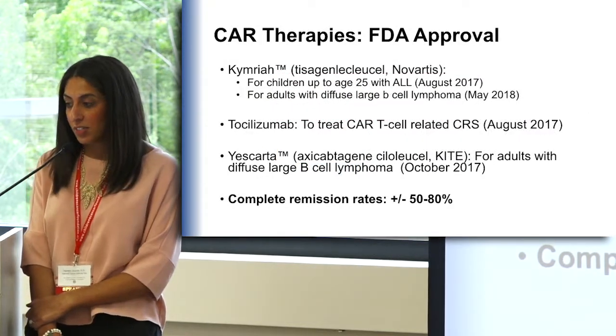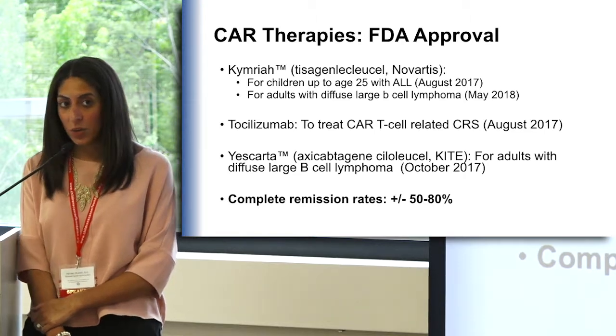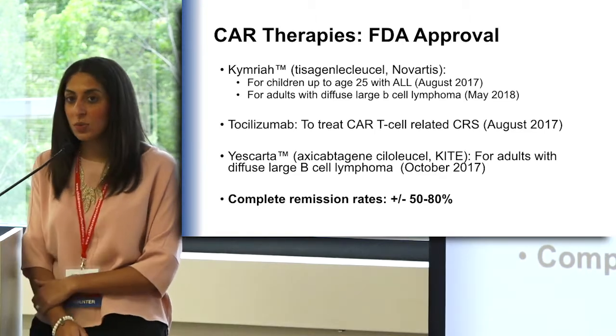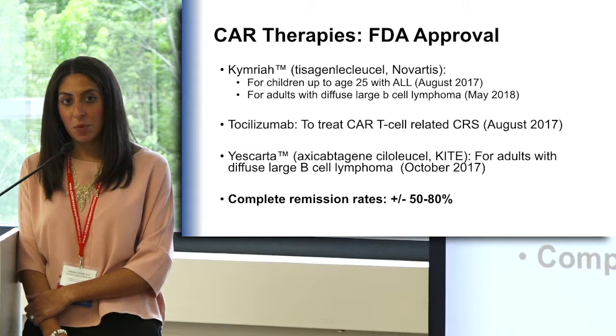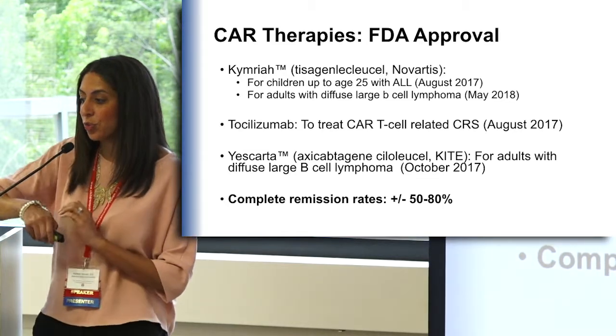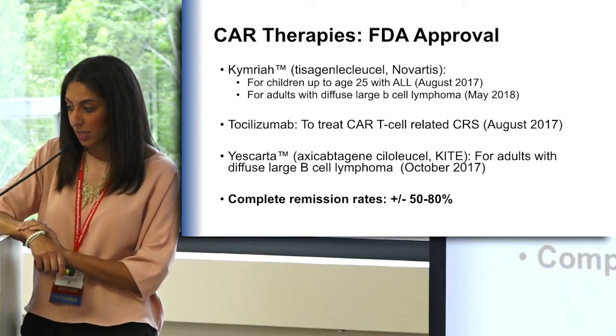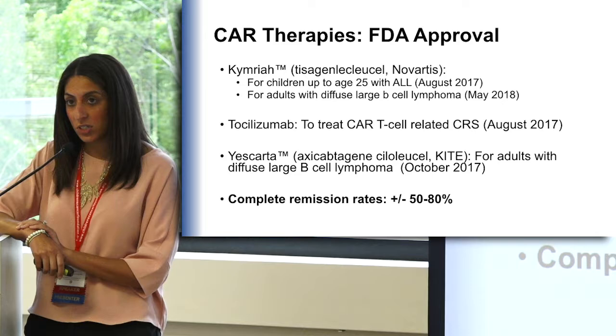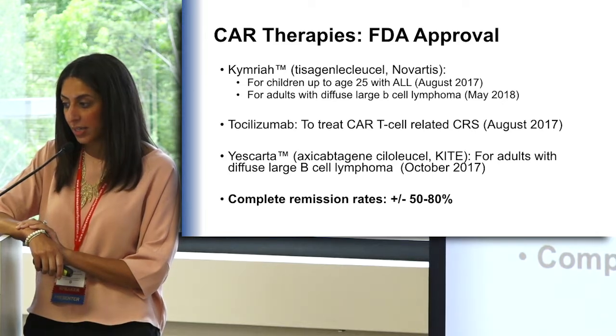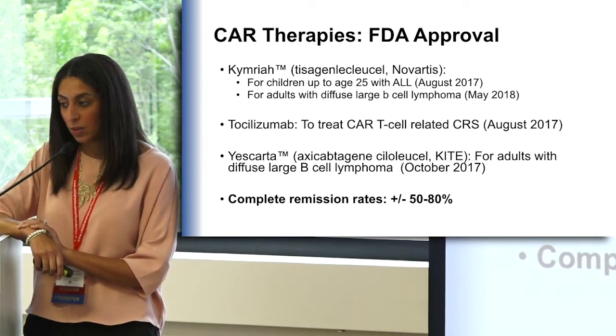This led to the FDA approval of Kymriah, which we heard about with Dr. Ballard, and this was the first pediatric cell therapy product approved by the FDA. The indication was approved first in pediatrics, prior to the adult approval for diffuse large B-cell lymphoma, which just happened in May of 2018.